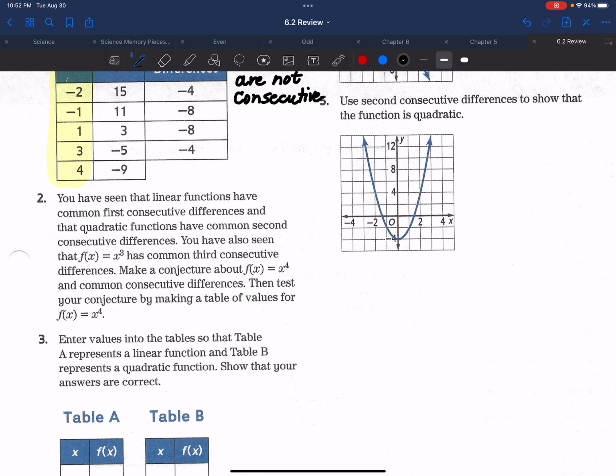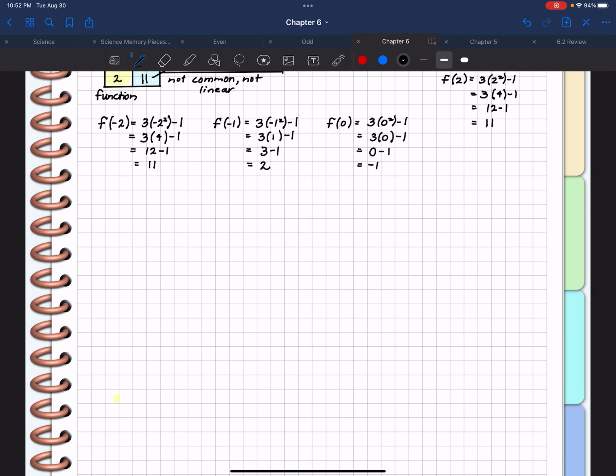Make a conjecture or a prediction about f of x equals x to the fourth and common consecutive differences, then test your conjecture by making a table of values for f of x equals x to the fourth. So I'm going to need some paper.